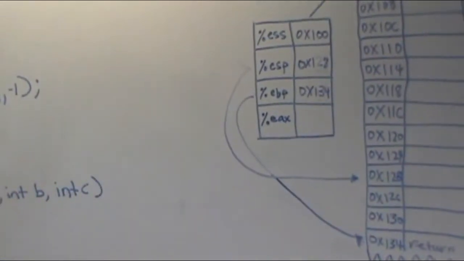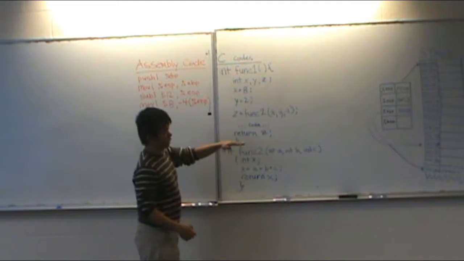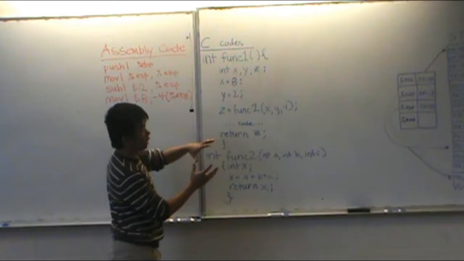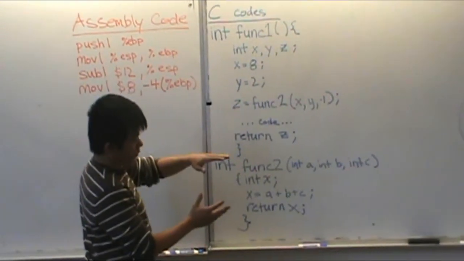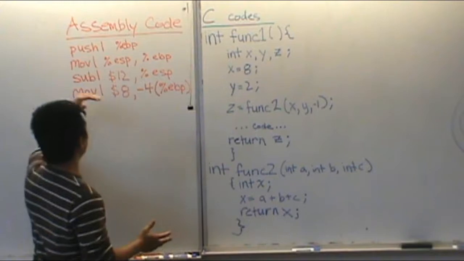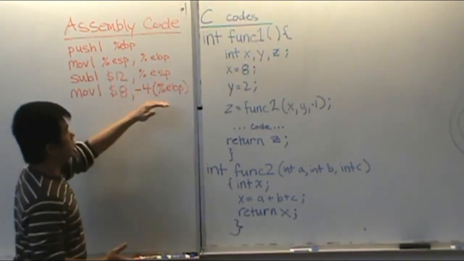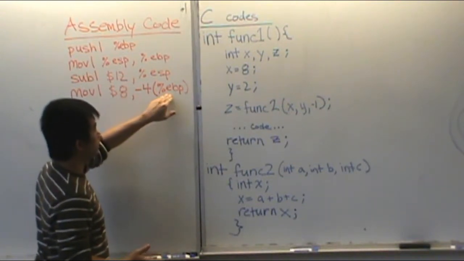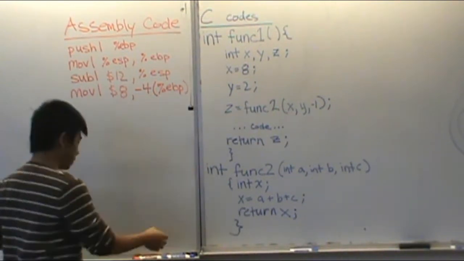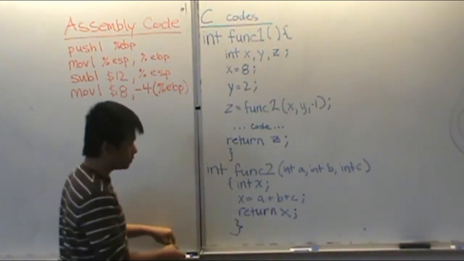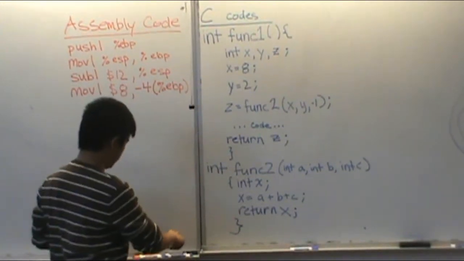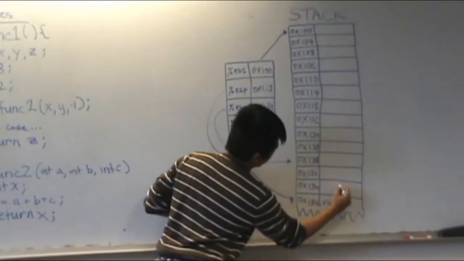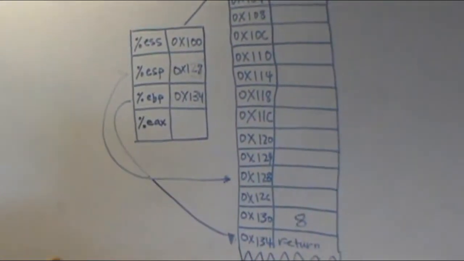The -4 with EBP will address the location at the base pointer minus 4. So instead of doing another subtract on EBP, we can just do -4 in parentheses with EBP, which is the pointer kind that we learned in lab 4. So this will make address 130 have the value 8 for the x variable.